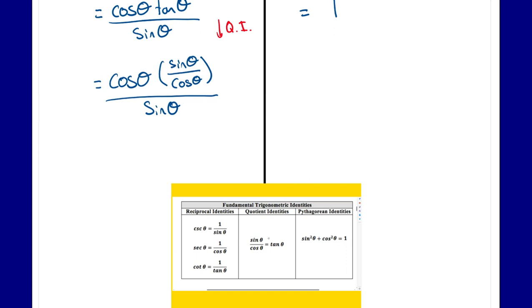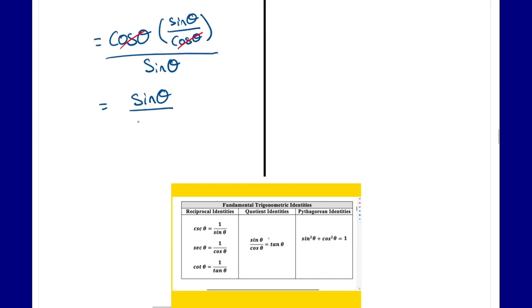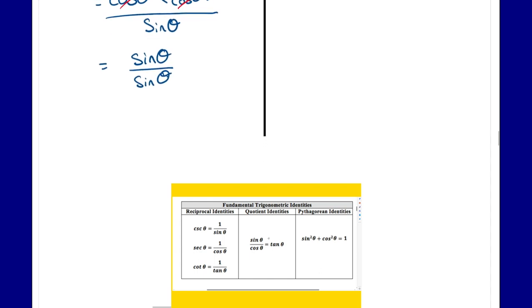I can simplify this now because if I'm multiplying cosine by sine and then dividing by cosine, the cosines actually cancel each other out. I'm left now with just sine theta over sine theta, which equals 1. Right?